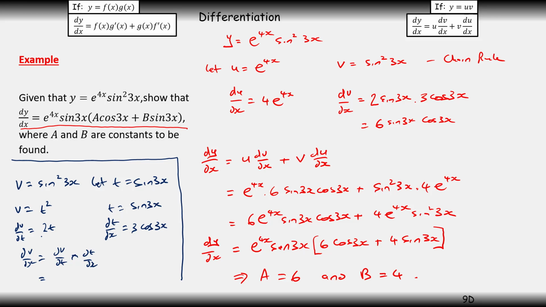And when we put that together, dv over dt is 2t times dt over dx, 3 cos 3x, which is equal to, remember t is equal to sine 3x, so 2 times 3 is 6 sine 3x cos 3x.